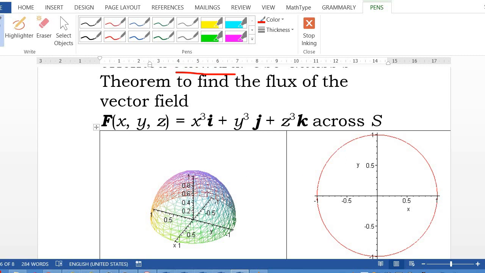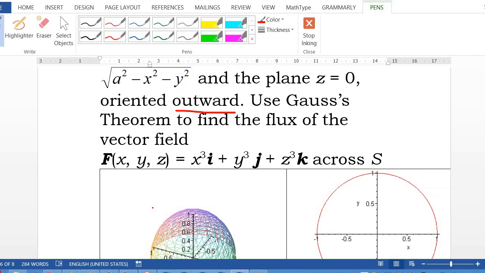So this is a hemisphere, z equals square root of a squared minus x squared minus y squared.